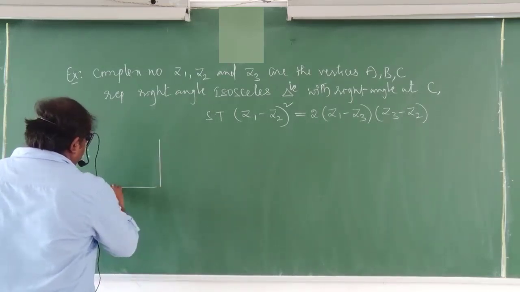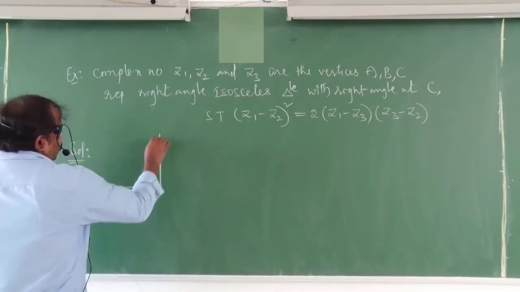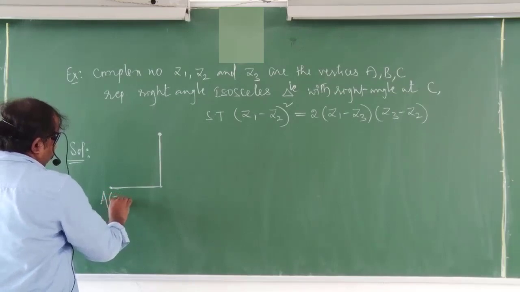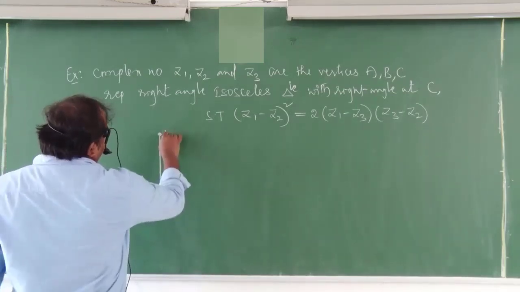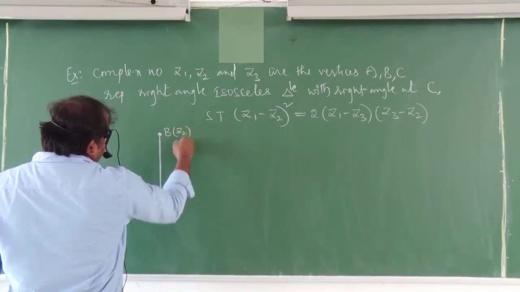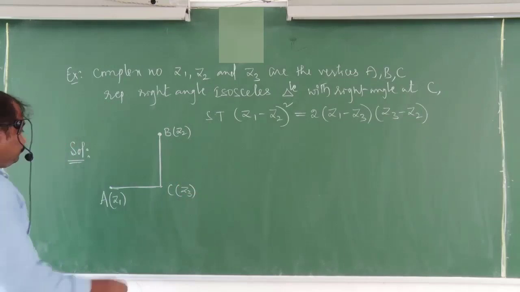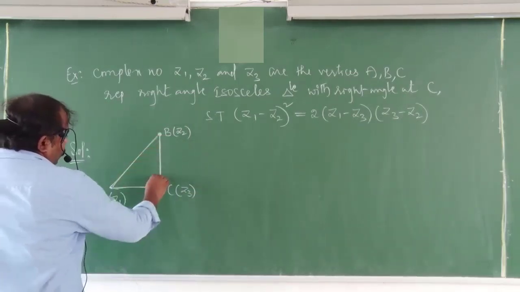So if you observe the diagram, let this be A of Z1, B of Z2, C of Z3. This is the triangle they gave.